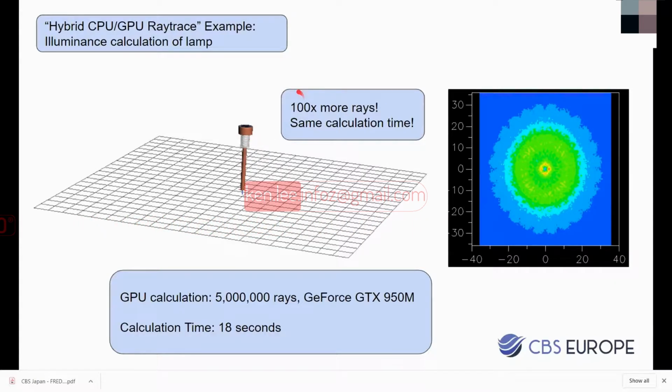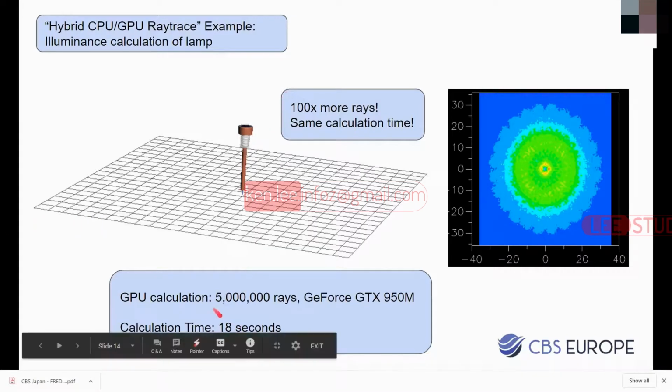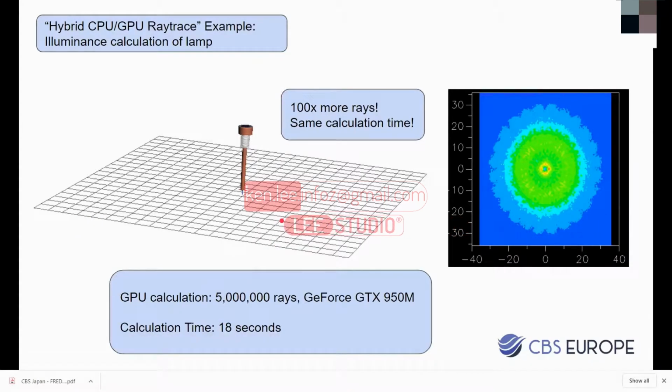So we're using 100 times more rays in the same calculation time, 18 seconds, and I get a much, much cleaner illuminance profile. So that's the value there. It helps you reach the accuracy you need in a much quicker calculation time than the CPUs.